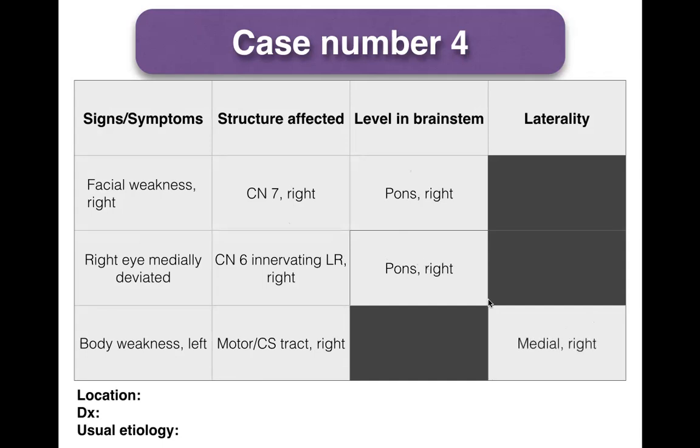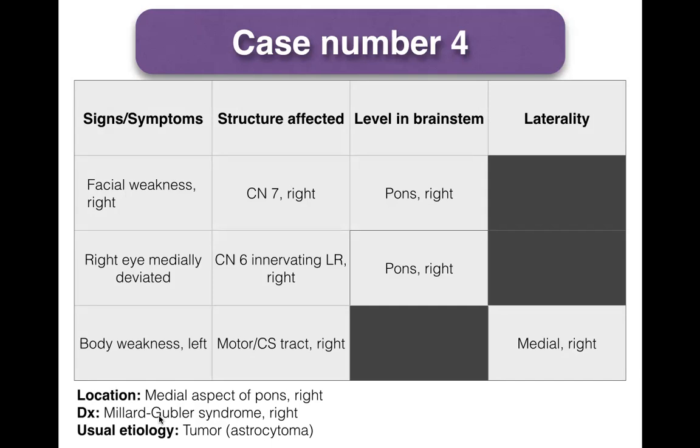So string these two pieces of information together. Is it in the pons? Yes. Is it on the medial aspect? Yes. Is it on the right side? Yes. So it's in the medial aspect of the pons on the right side. Now, when the medial aspect of the pons is affected, we have a name for it. This is called the Millard-Gubler syndrome.